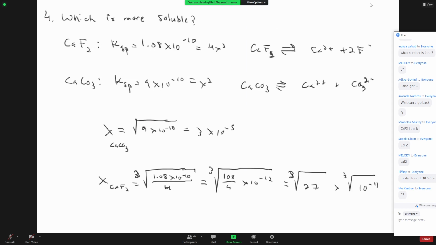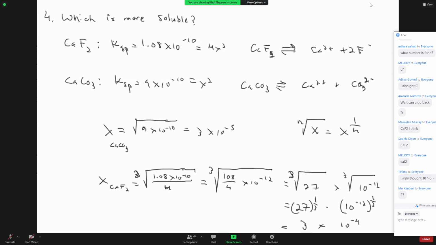Remember that whenever we have a root, it's simply x raised to the 1 over n. So this is 27 raised to the 1/3, and this is 10 to the negative 12 raised to the 1/3. So that becomes 10 to the negative 4, and this becomes 3, because 27 is 3 cubed. So it becomes 3 times 10 to the negative 4.